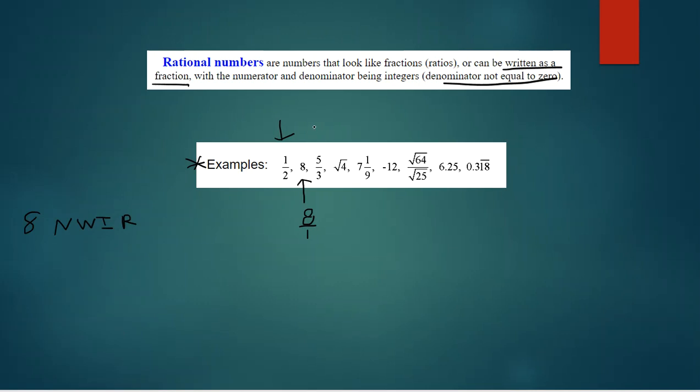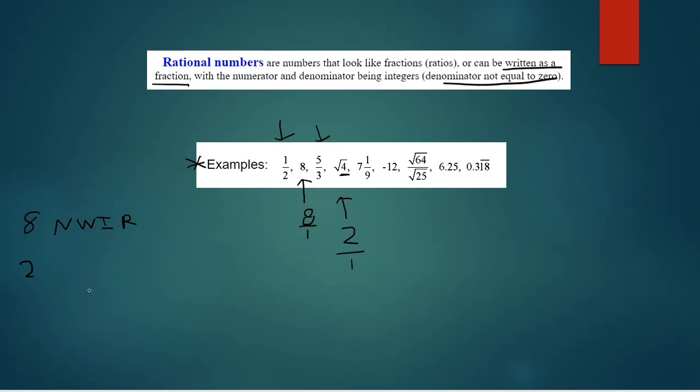Now when we look at 5/3, 5/3 is a fraction already. The square root of 4 is 2. When you find the square root of a number, you're looking for the number that multiplies by itself to get the number that's underneath the radical sign. Because 2 is multiplied by itself to get 4, the square root of 4 is 2. Now, 2 can be written as a fraction by putting it over 1.